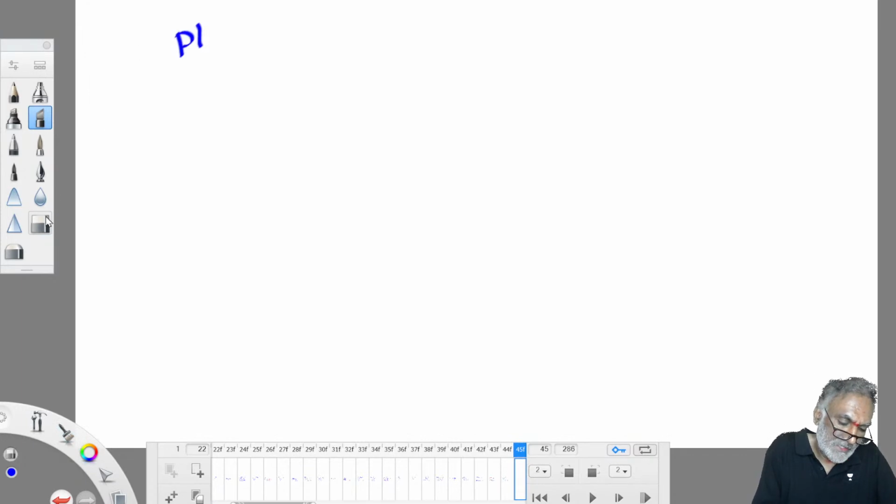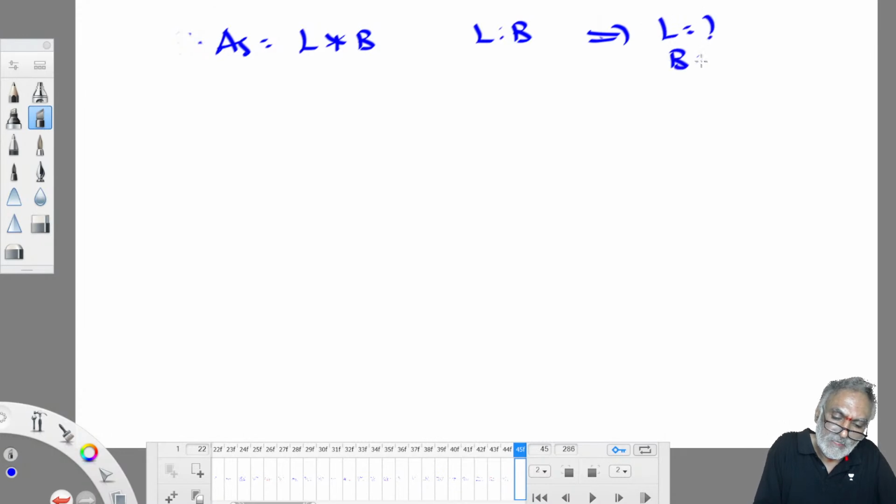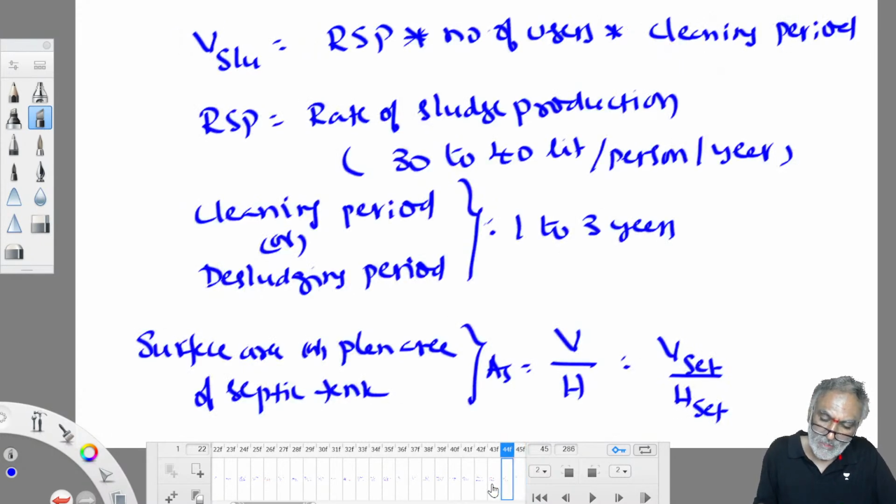So plan area or surface area of the septic tank is equal to length into width. Usually we provide a length to width ratio. Based on the length to width ratio, you can find out the length of the septic tank as well as the width of the septic tank. That's how we can work out.